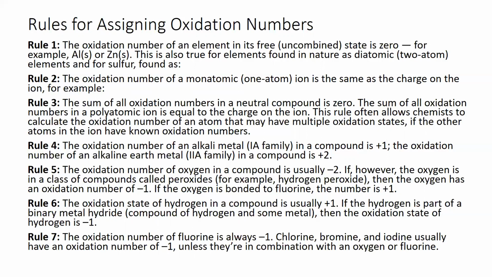So we can use our understanding of electronegativities when assigning oxidation numbers, too. Remember, the more electronegative element wants the electrons in the bond. The general rules we use, like oxygen is -2 and fluorine is -1, tend to come out of those electronegativity values.